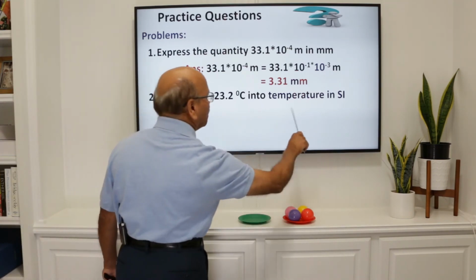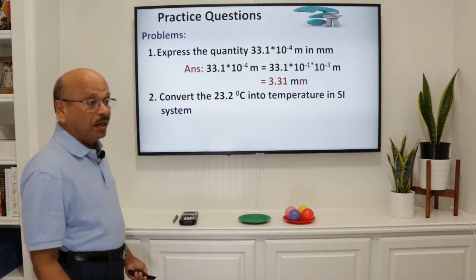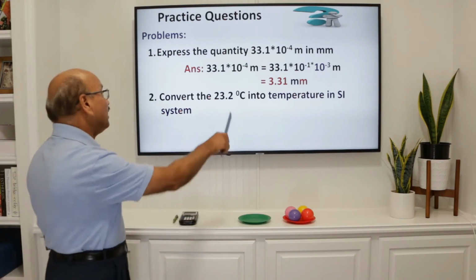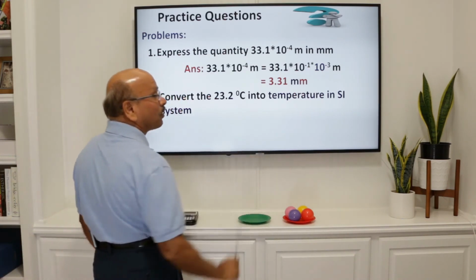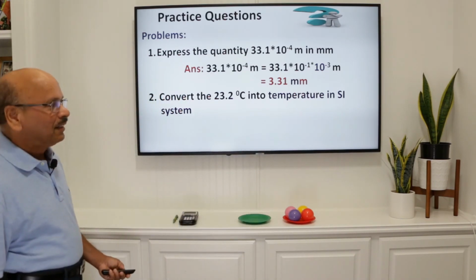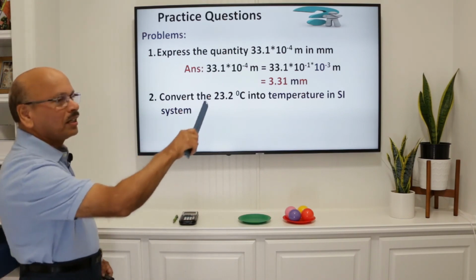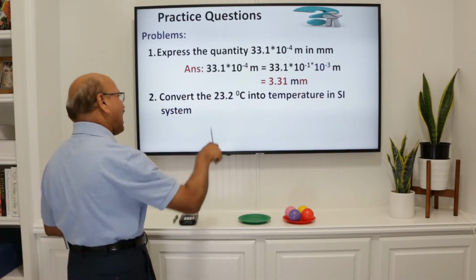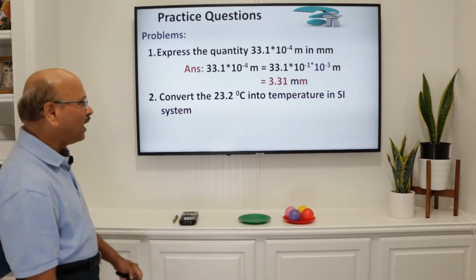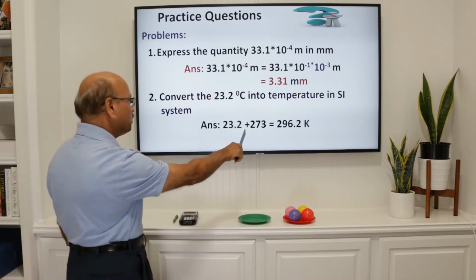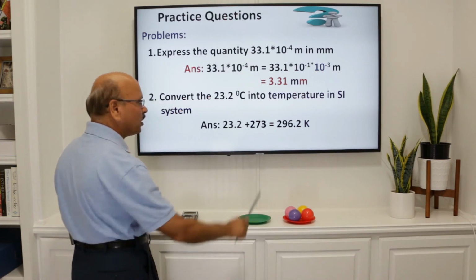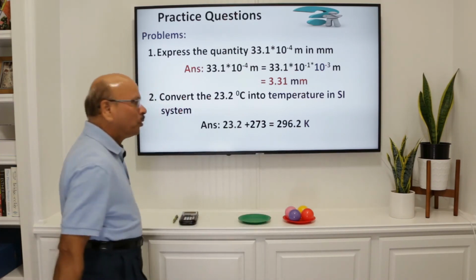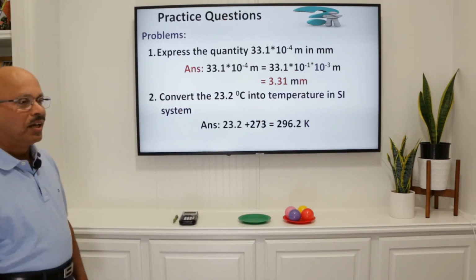So the unit in the SI system is Kelvin, and we are very happy because here the Celsius to Kelvin conversion is pretty easy. The Kelvin is always 273 degrees more than the Celsius, so just add the 273 to that. So 23.2 added to 273 gives you the answer, which is 296.2 Kelvin.